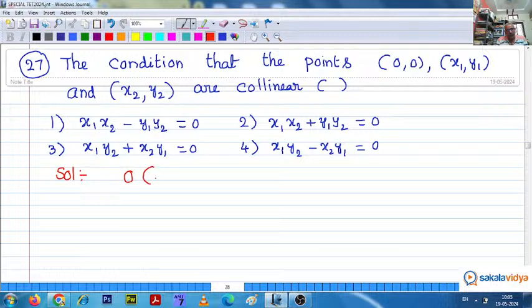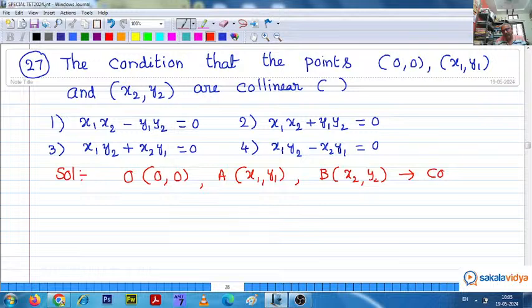See, O origin means 0, 0, A x1, y1 and next B x2, y2. So these 3 points are collinear points. So write down like this: slope of OA is equal to slope of OB.